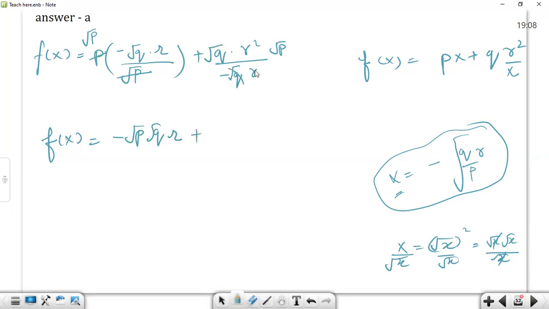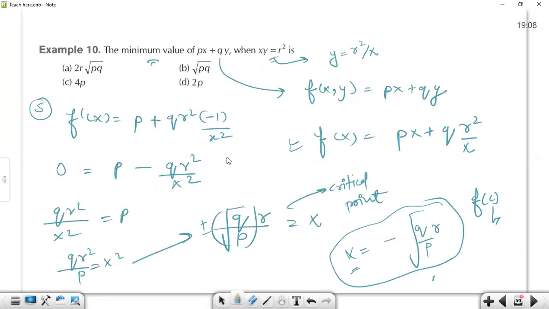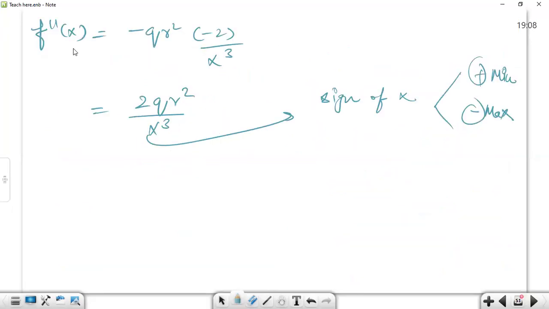Again, this becomes like this, this cancels this, so there's a negative sign also: minus square root of p, q, and r. So basically it is minus 2 root of p q into r. Let's check whether our answer matches any of the options. Yes, it is matching, but there's a slight mistake that the negative sign is not there.